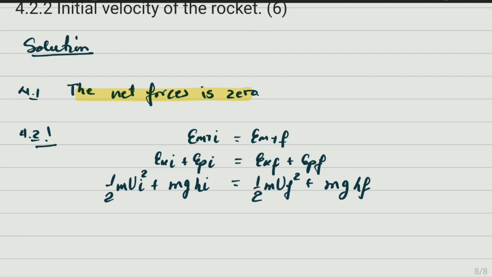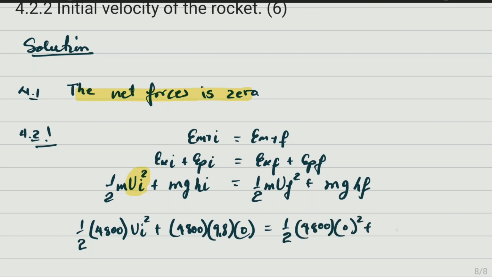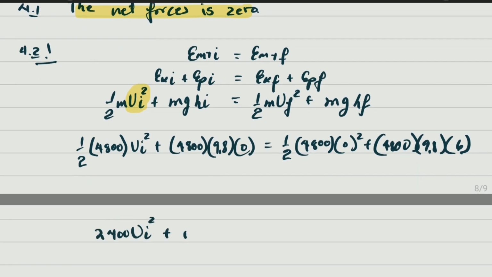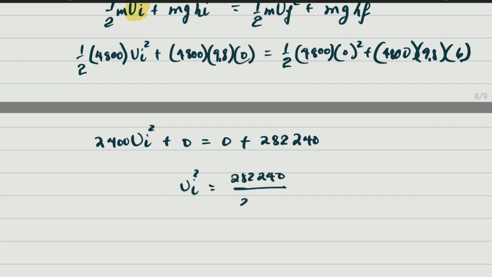This is what we're looking for: the initial velocity, the velocity of the launcher just immediately after firing the rocket. So we are going to substitute what we have here. And the answer is going to be 10.84.